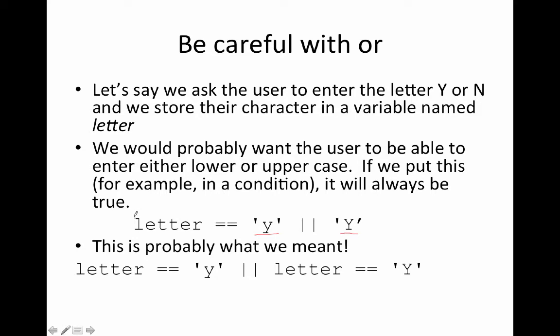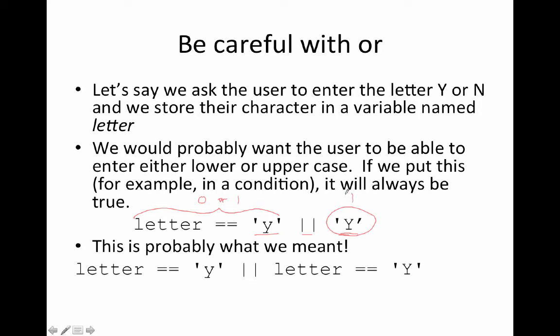So this part, letter equals lowercase y, that's going to be either false or true, depending on the value of the variable letter. Okay, so that's either true or false. We don't know what the value of letter is. But then we have an or, and we have this y on the right-hand side. Now y is not 0, so y is a way of representing true.